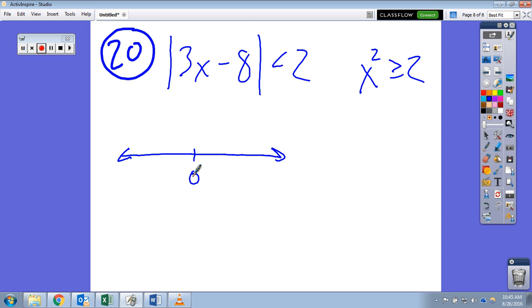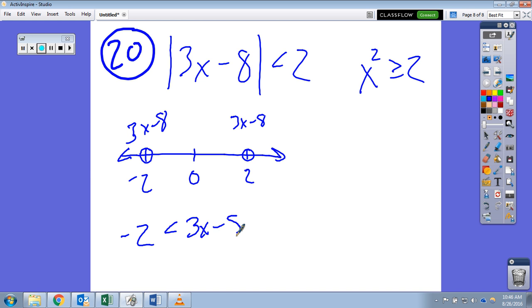This whole chunk, 3x minus 8, can't be past 2, and it can't be past negative 2. If distance from 0 is less than 2, not including these, they would be open circles. So the easy way to write it is that negative 2 is less than 3x minus 8, which is less than 2.